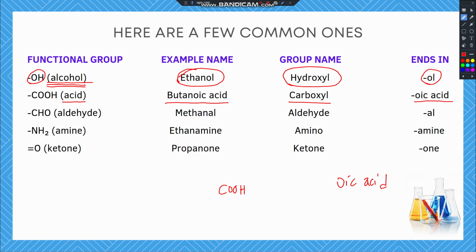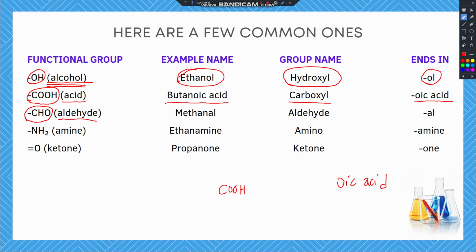Now don't get confused, we're going to be getting into examples that denote each and every one of these things. So sit back, relax, and enjoy every bit of this. And the symbol that denotes its presence is COOH.